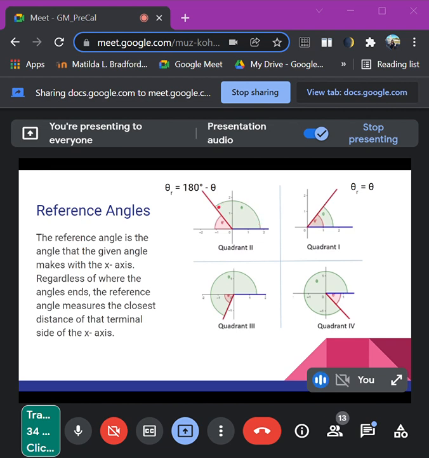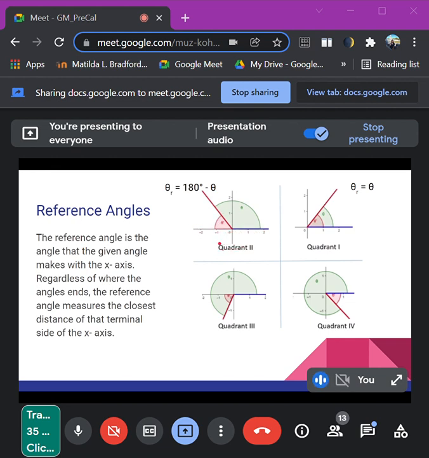Like for example, if the given angle here is 150, you just subtract your 150 from 180. So, 180 minus 150. Meaning to say your reference angle is 30 degrees. Okay? This is close. This is the closest x-axis. Because if we placed it on this other side, 150 would be far. Unlike this one, which is close to the other x-axis.